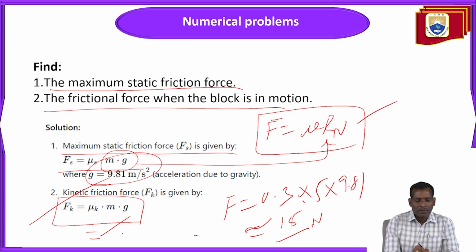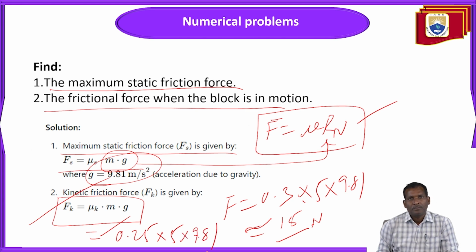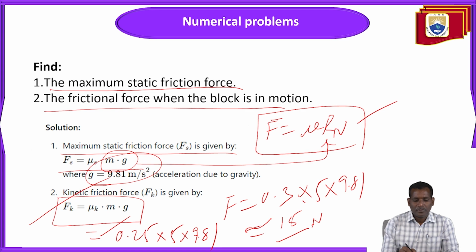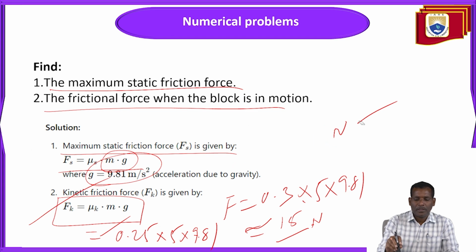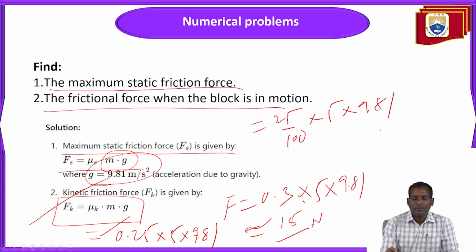Similarly, in the other equation substitute the mu k value 0.25 multiplied by 5 multiplied by 9.81. Approximately, 25 by 100 into 5 into 9.81 gives 12.5 something.